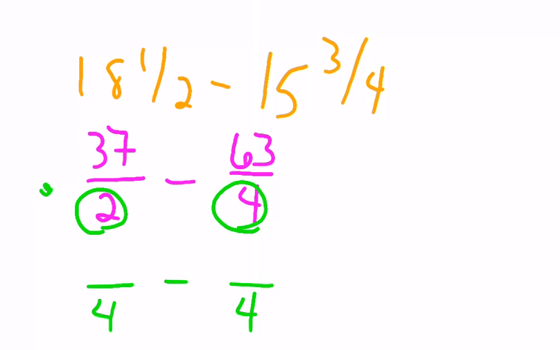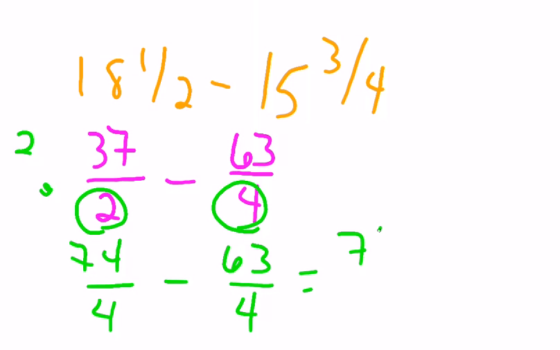So here 2 times 2 gives us 4, so 2 times 37 is 74. And then over here, the 4 is already at the 4, so we don't have to do anything. So 63 is the numerator there.